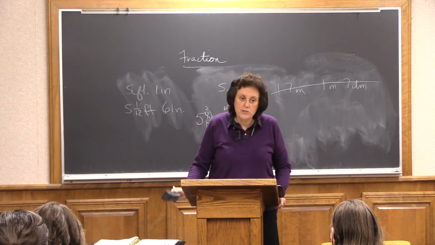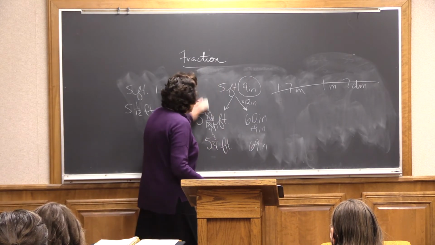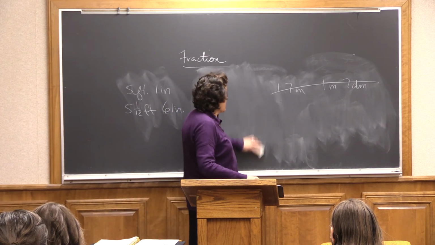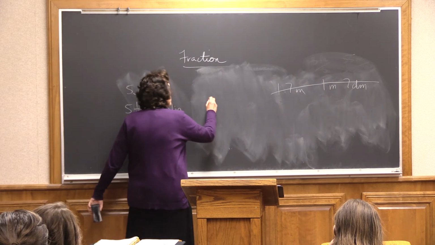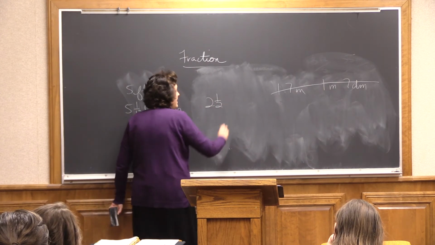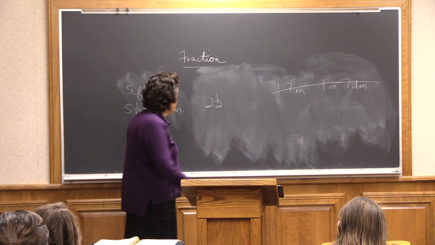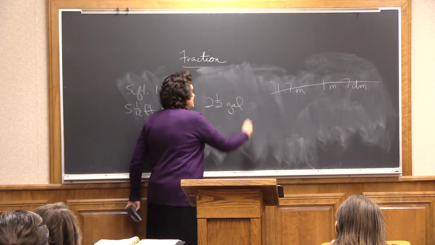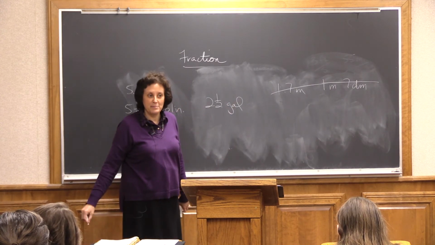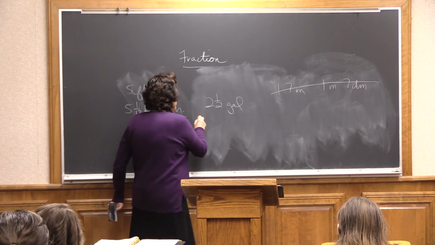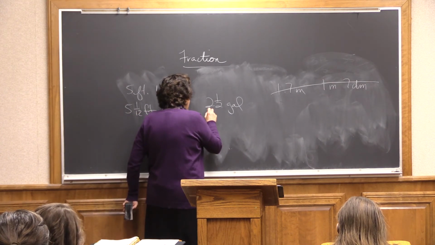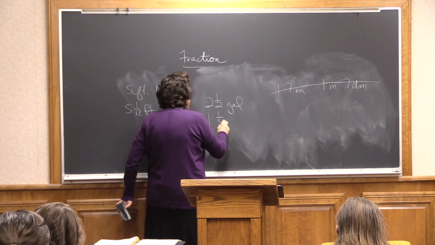Another thing that you're going to notice with the U.S. customary units is we won't do decimal computations. We will do fraction computations. So if I have 2.5 gallons of who knows what, paint, and I paint part of my room, and I use up 1 gallon and 1/5.